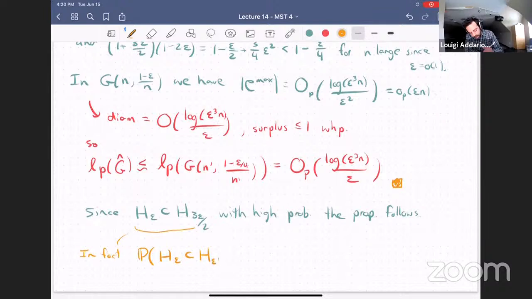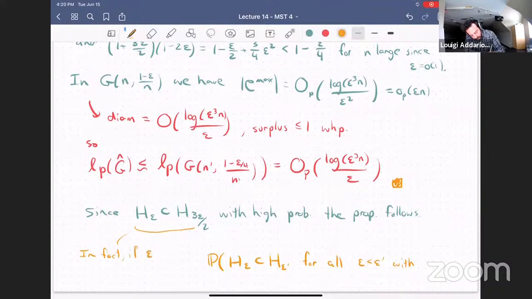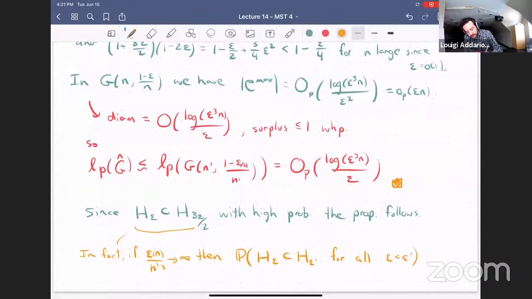So if epsilon over n to the third tends to infinity, then the probability that after time epsilon these largest components are always nested from then on forever tends to 1.